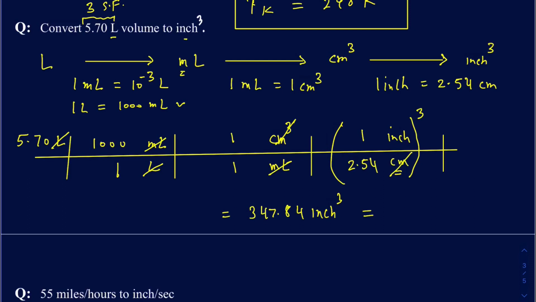The 3 sig figs will be made by 3, 4, and 7, so you don't want to keep anything after 7. Whether this 7 stays 7 or becomes 8 depends on the first number being dropped, which is 8. Since this is more than 5, this becomes 348. So 348 inches cubed is going to be the final answer there.